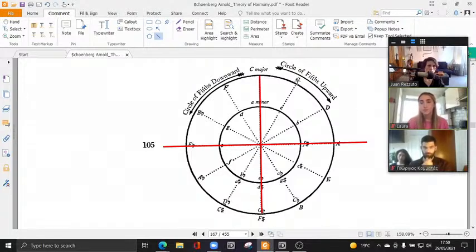Of course, the keys related to that cross have to be in your memory like your name: C, F sharp or G flat, E flat, and A. C, F sharp or G flat, E flat, and A. 12, 6, 9, 3.